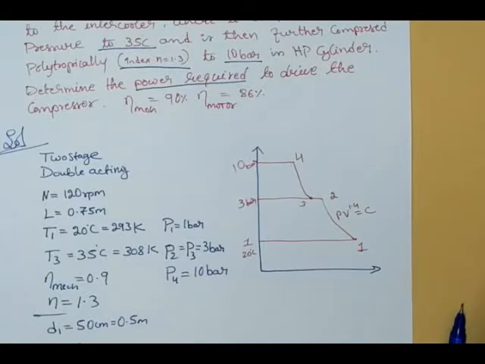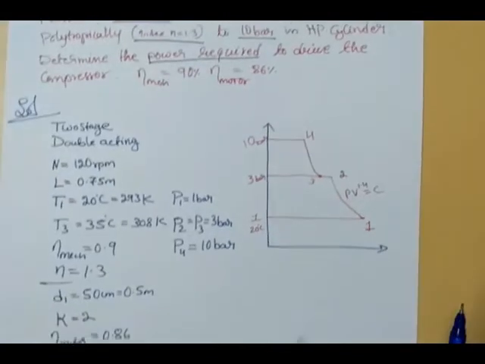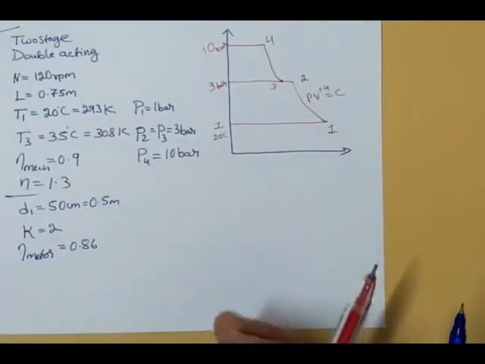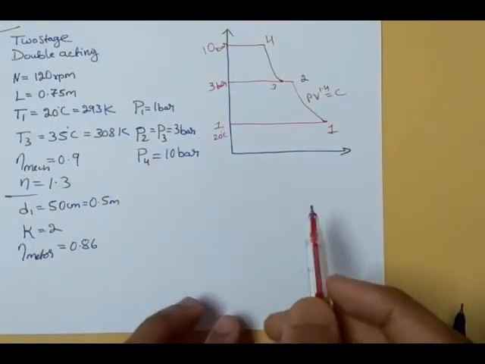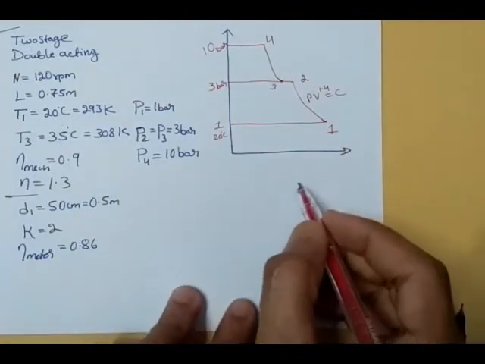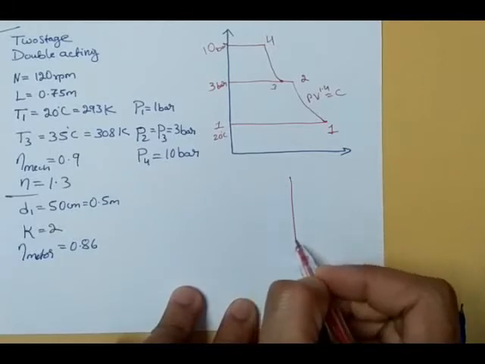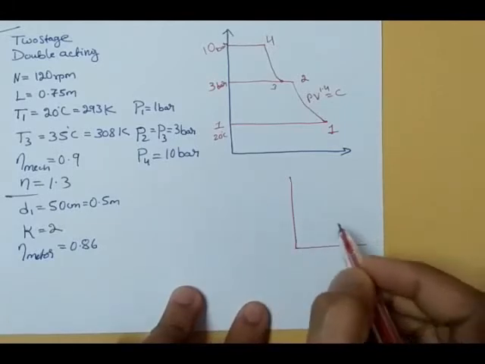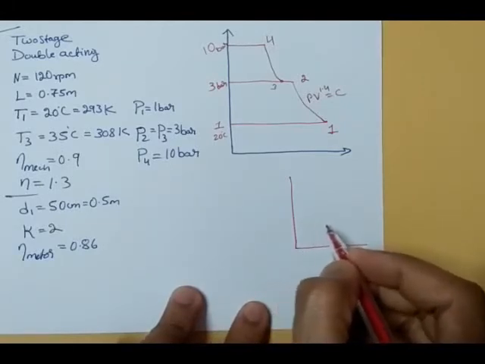This is 4. So this is multi-stage compression without clearance. Next, we have to remember the same PV diagram for a multi-stage compressor with clearance.